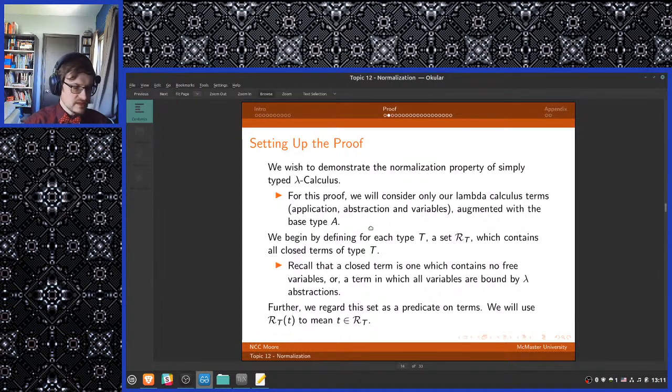So this is a subset of the different types of terms we're talking about. Number one, for us to be concerned about it, the term has to be well typed. And number two, it also has to be closed. Although, as we're going to see, the fact that it's typed also means that it's closed.